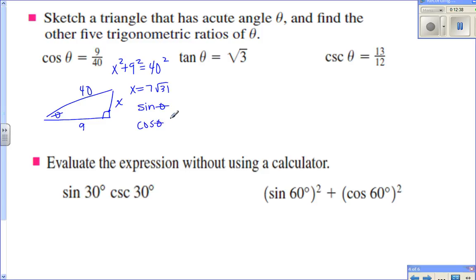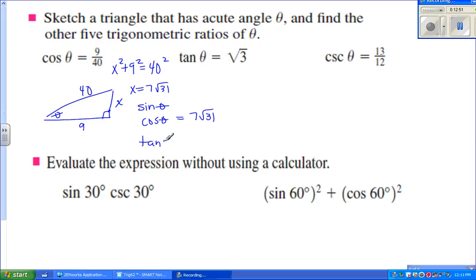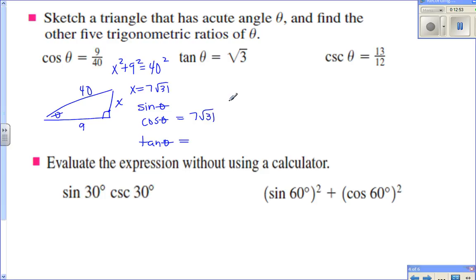Well, we know cosine because that's what was given to us. Okay, so then we just go ahead and do sine, which is opposite over hypotenuse, so 7 times the square root of 31 over 40.